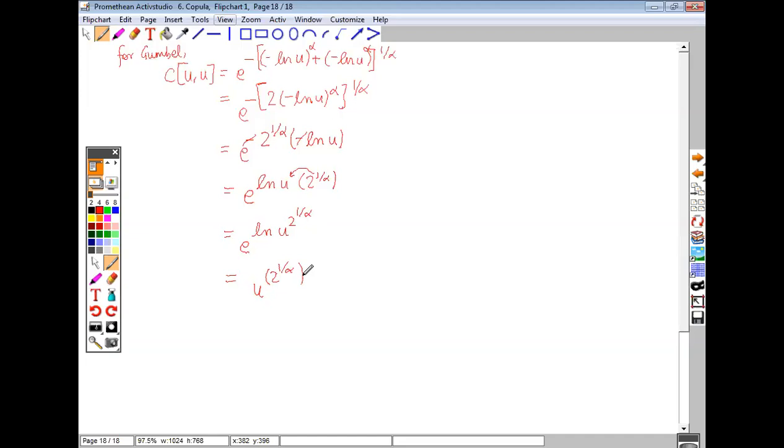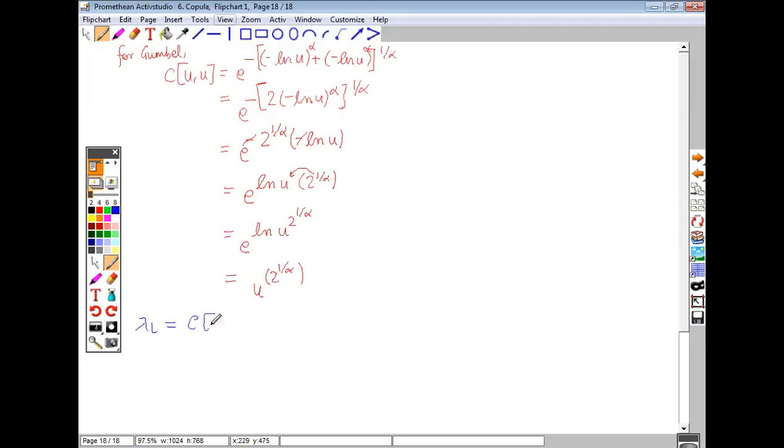Right? So the value of my Gumbel copula in the case where u is equal to v is this. Now I'll try to figure out the coefficient of lower tail dependence and the coefficient of upper tail dependence. So let us try to figure out the lower tail dependence, lambda L. So what was the formula?